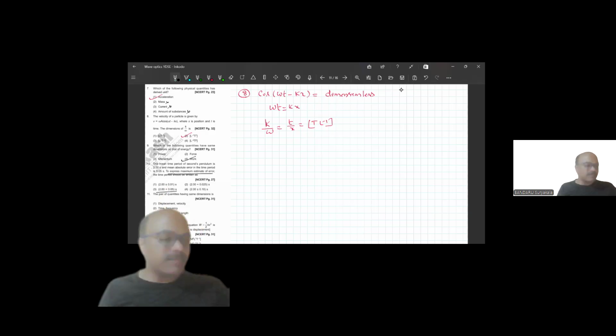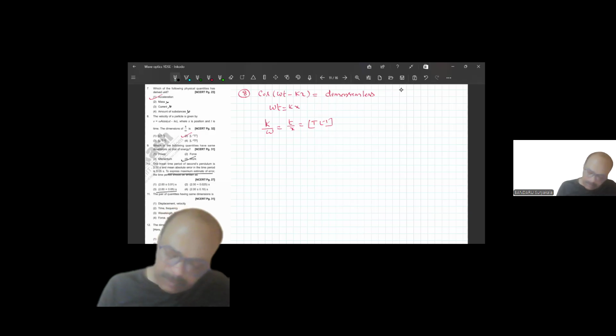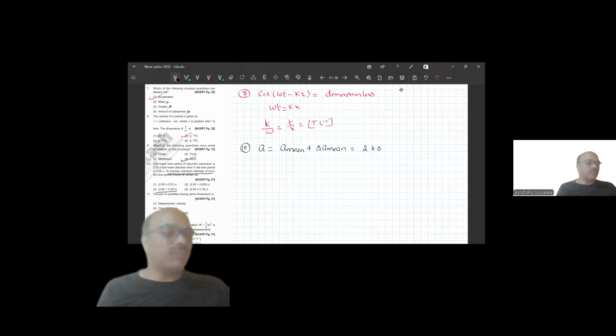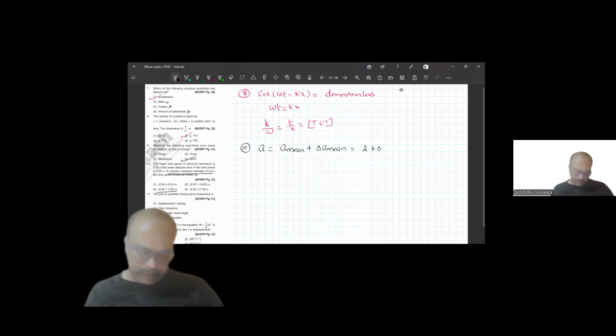So maximum error means we have A equals A mean plus delta A mean. So this is 2 plus 0.05. Option 3 is the correct answer.